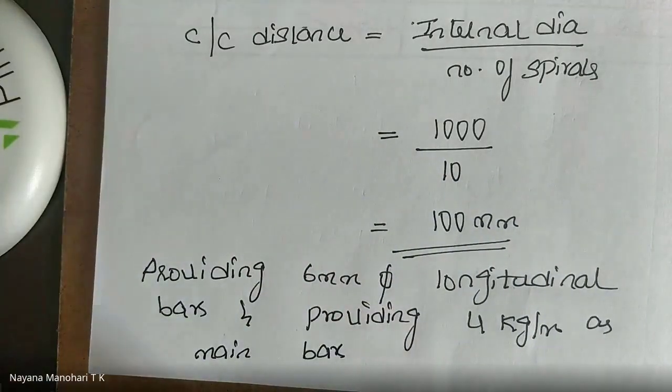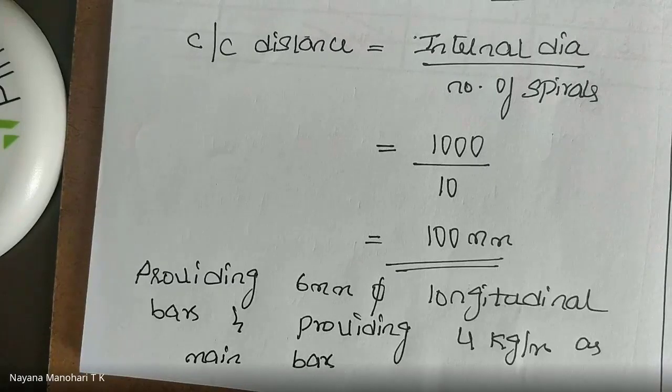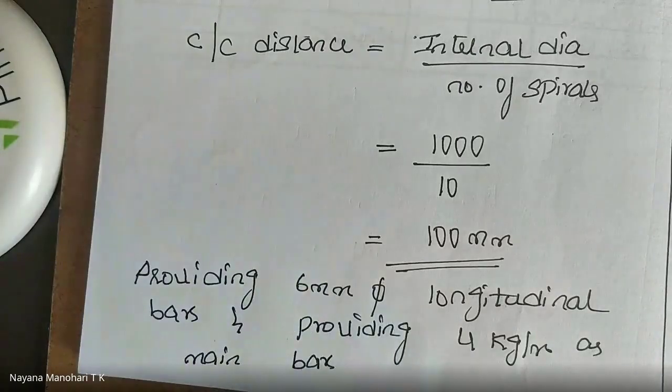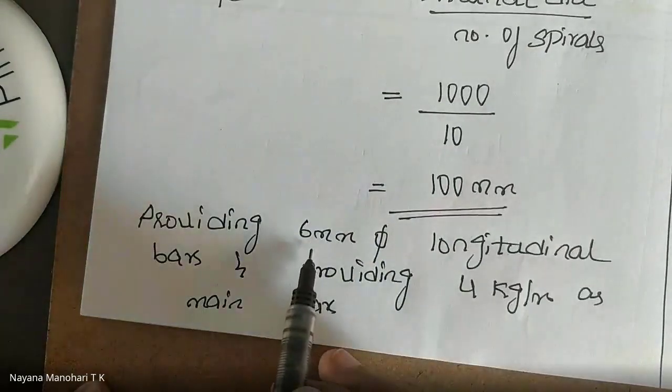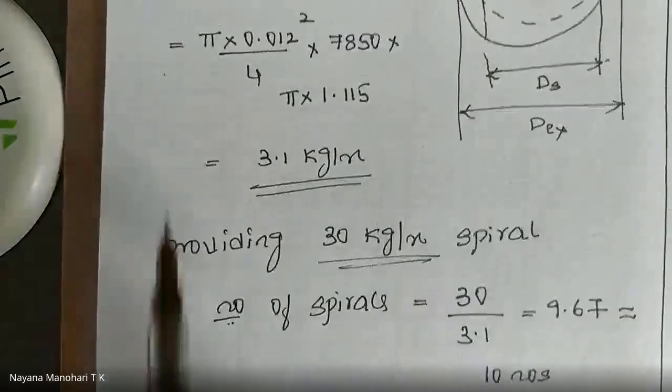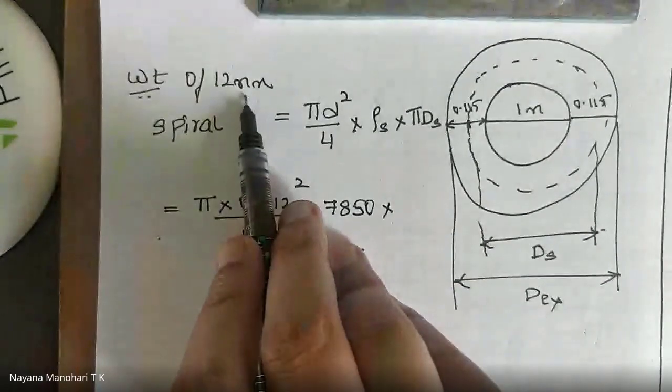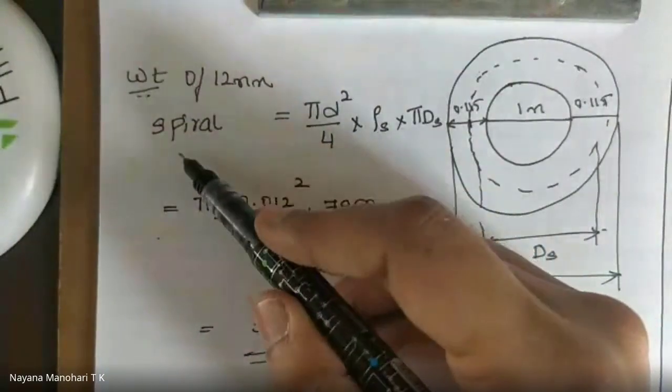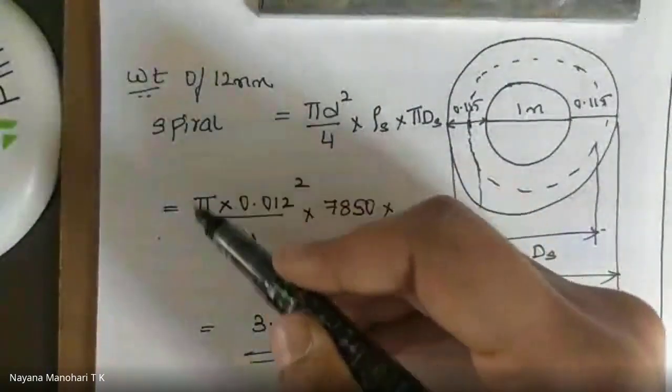The minimum longitudinal bars as per the table is 2.66. That is the minimum; while assuming, you need to assume more than that. The dia you have assumed is 6 mm for the longitudinal bars, but for the spiral bars, how much have you assumed? 12 mm spiral, and for that you have calculated the weight.